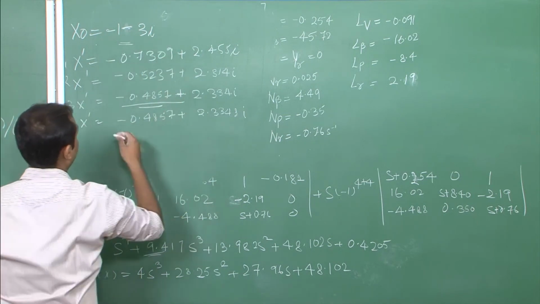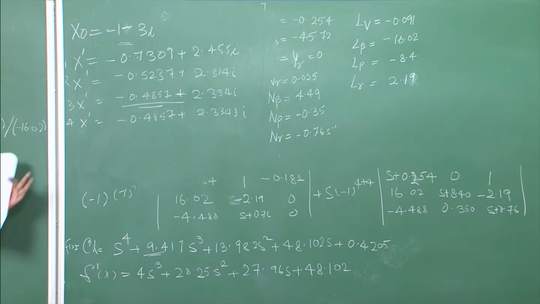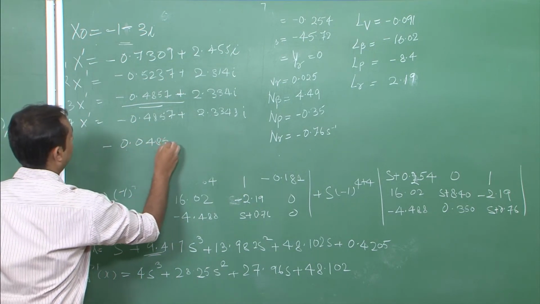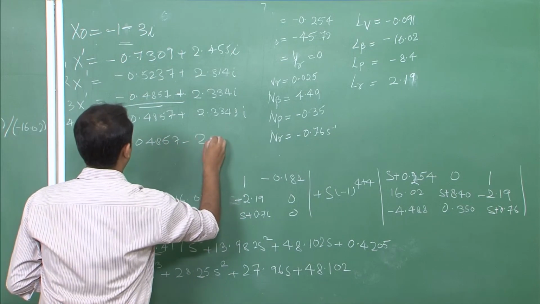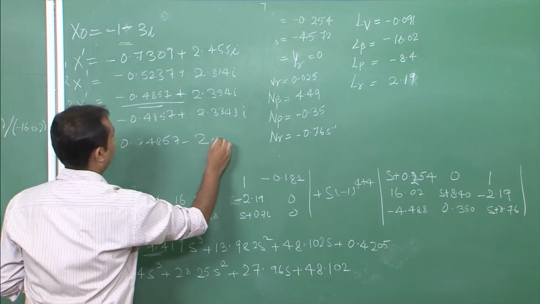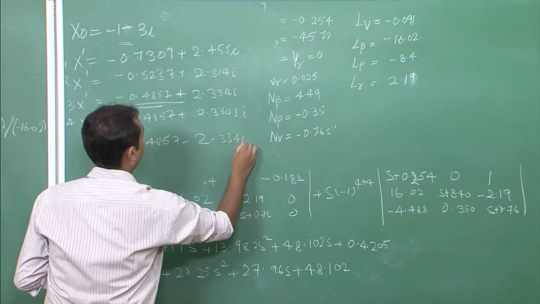You will get the other solution with the same number of iterations: minus 0.4857 minus 2.334i.